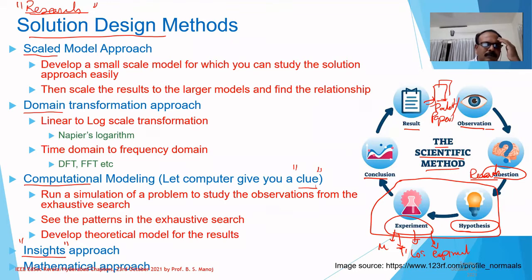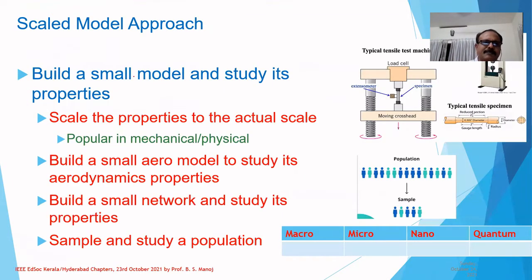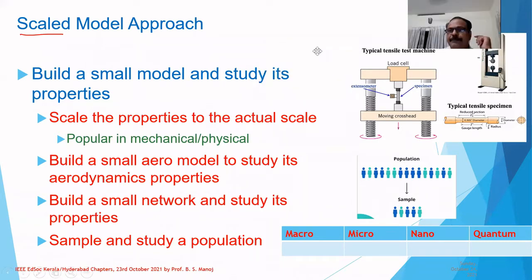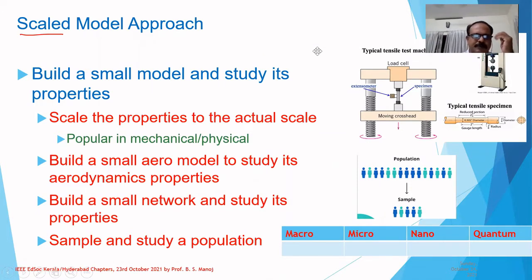Now let's look at each one of these in a little bit of detail. The scaled model approach is a very widely used solution. If you have been a researcher in traditional engineering areas such as mechanical, civil, or aerospace, you must have seen that several experiments are scaled model experiments. You build a small model to study its properties, and then scale the observations to the actual model.